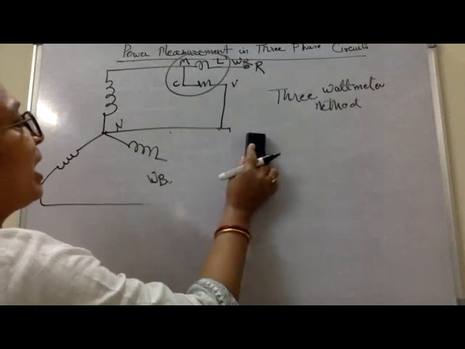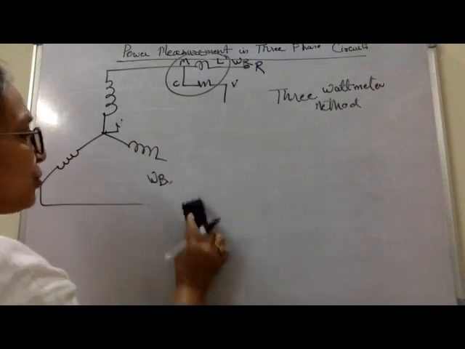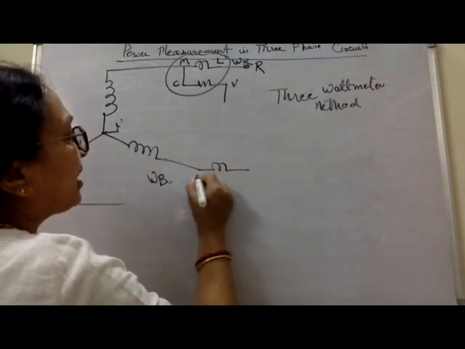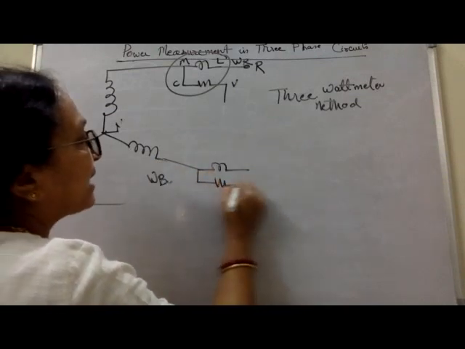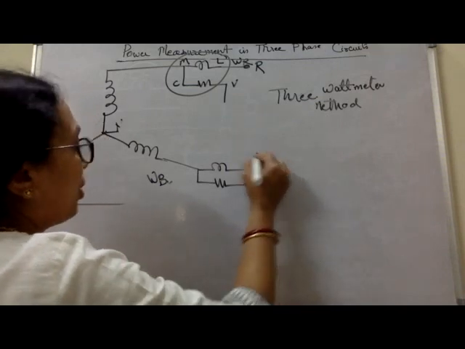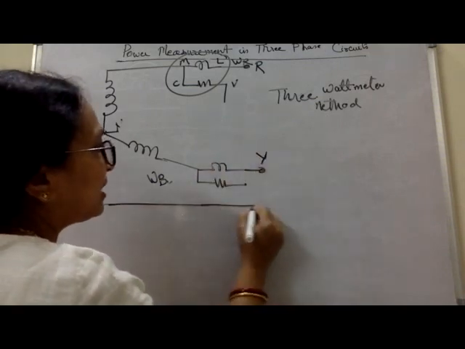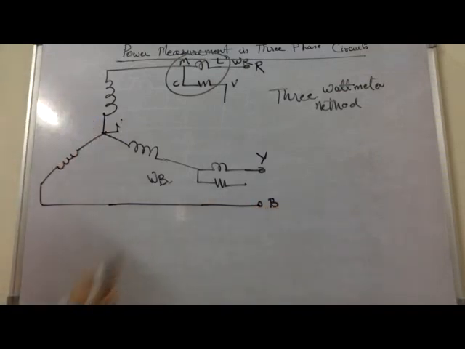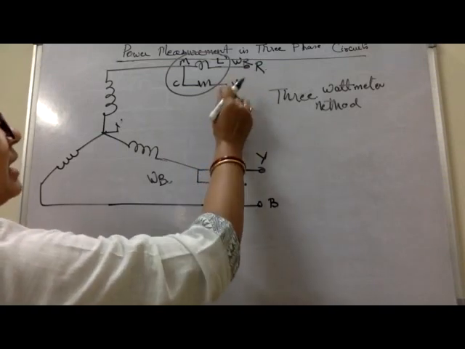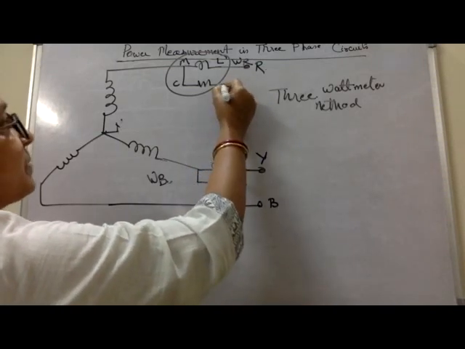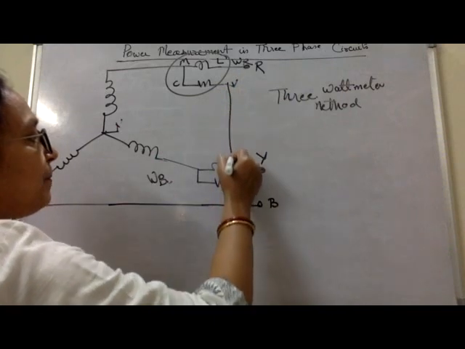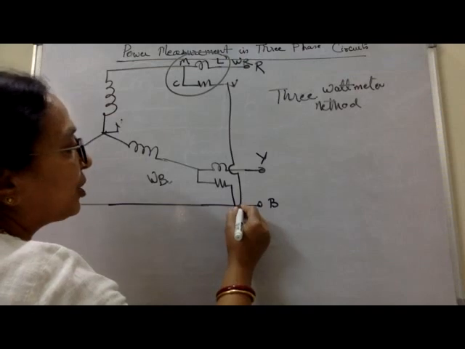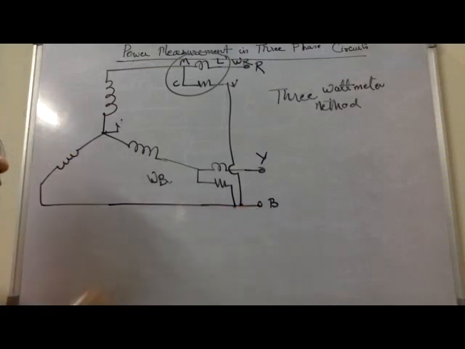Now the third one is to have just 2 wattmeters in the circuit, and we'll see whether these 2 wattmeters can give you the 3-phase power or not. So in the third case, we'll have 2 wattmeters, one connected in phase R, and this one connected to the phase Y. The third phase B will be taken as the common point.